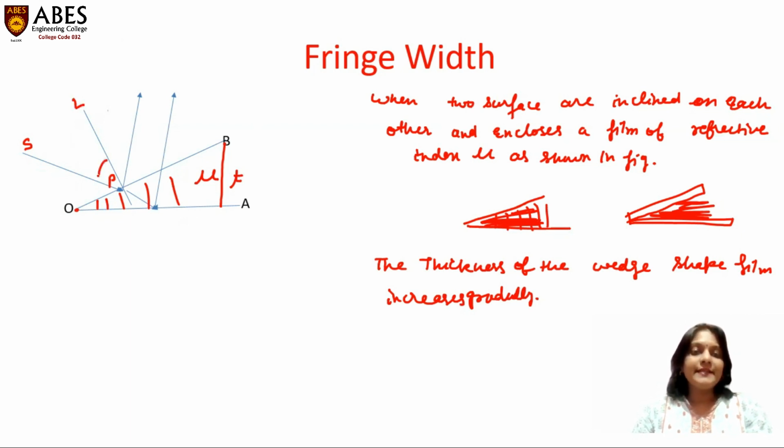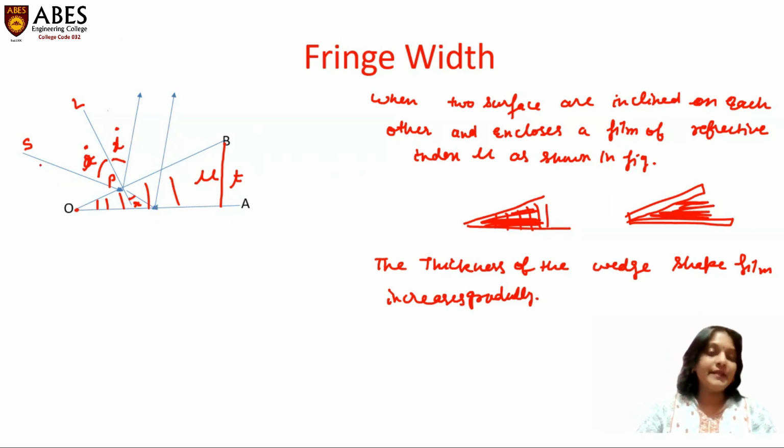The light is incident at the angle I. Then the light is refracted at the angle R. Then some part of the light is reflected from the lower surface. So I am explaining it again. Let us suppose that the monochromatic light is incident on the upper surface of the wedge-shaped film.